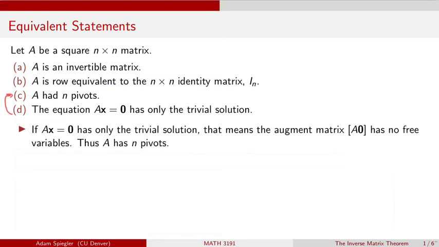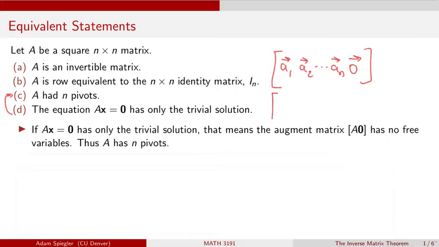If we are trying to solve this matrix equation AX equals 0, then we could set up an augmented matrix for this system that would look like column vector A1, A2, all the way up to column vector AN, since A is n by n. Then we have a last column of zeros corresponding to the fact that this is the homogeneous equation.